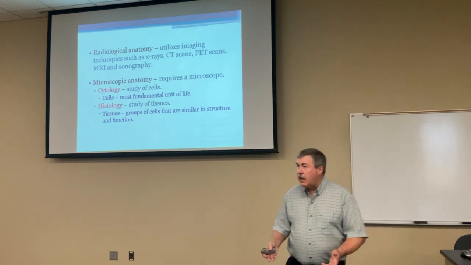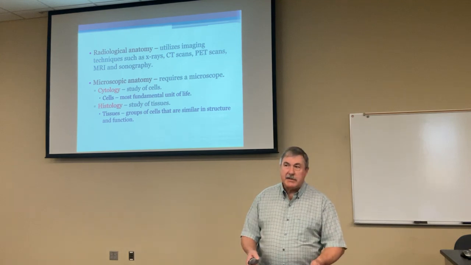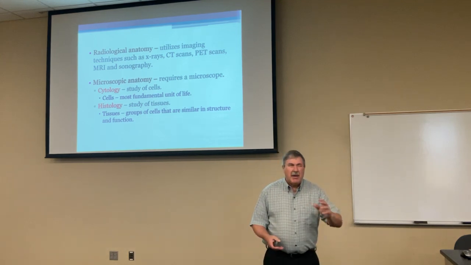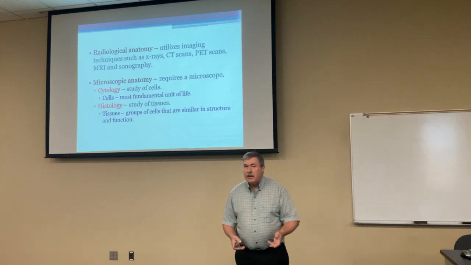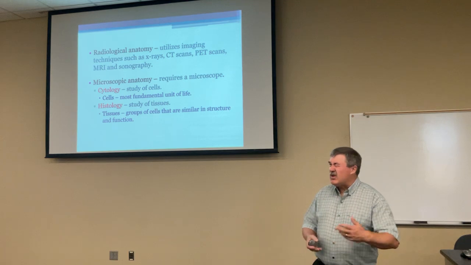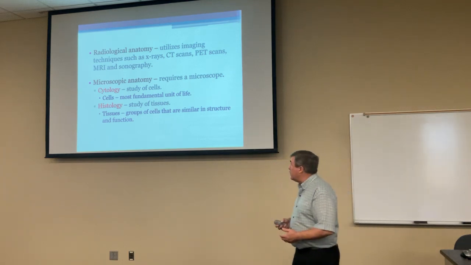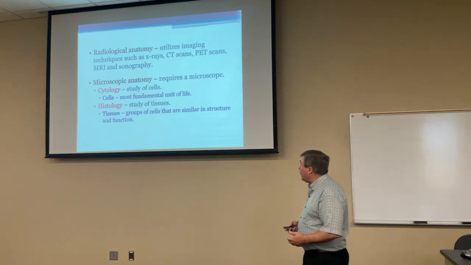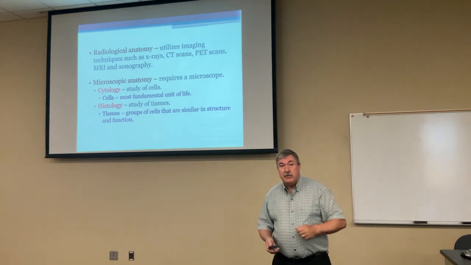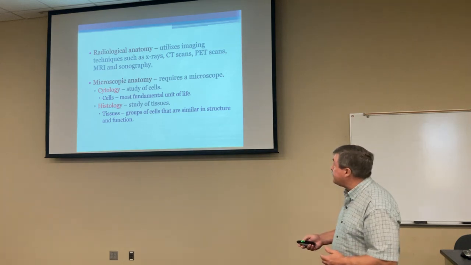Unless you've taken an anatomy and physiology class before, you probably haven't studied tissues very much. You might have been introduced to them a little bit in a freshman level biology course, but you don't spend a whole lot of time on it. We'll be going through the tissues next week, and we'll have to use microscopes to do that, because you can't see tissues without a microscope.